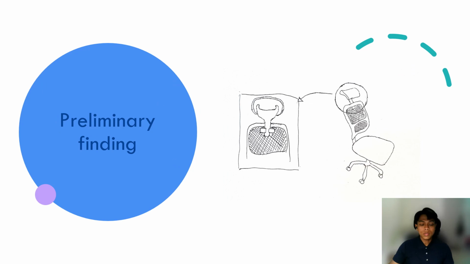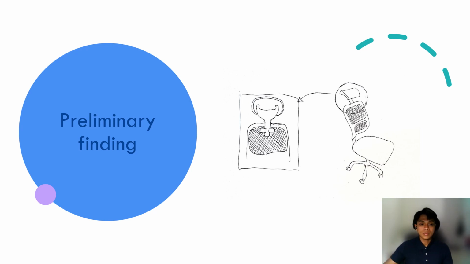For the preliminary finding, the suggestion for the study chair is to reduce parts, namely the armrest and the headrest, including the assembly method of the headrest and some of the parts, to make it easier to assemble the headrest.